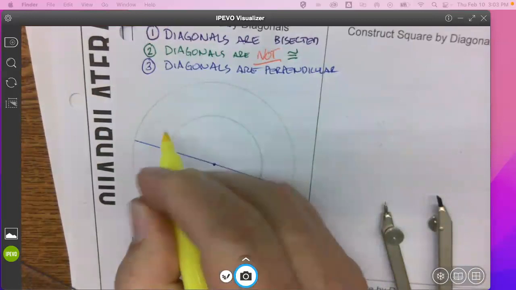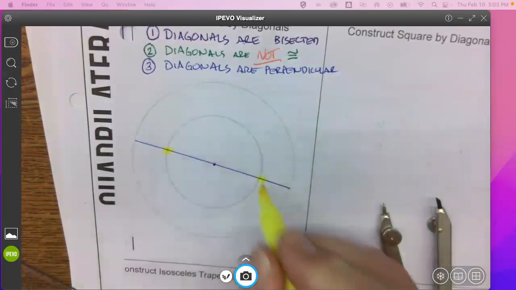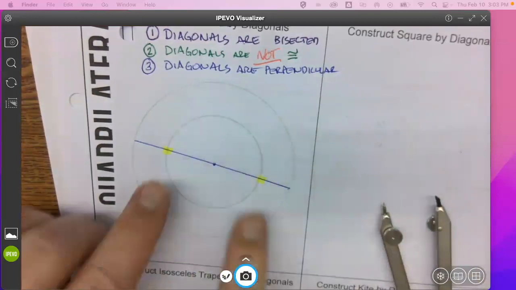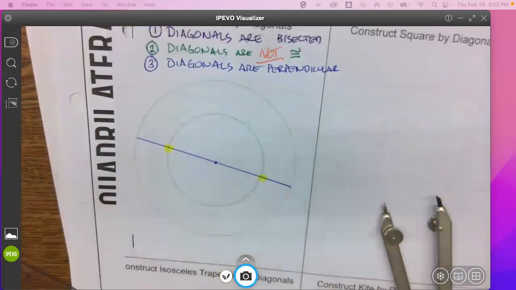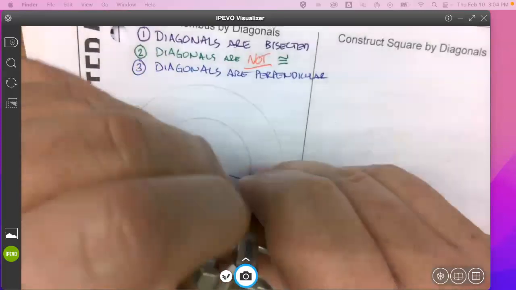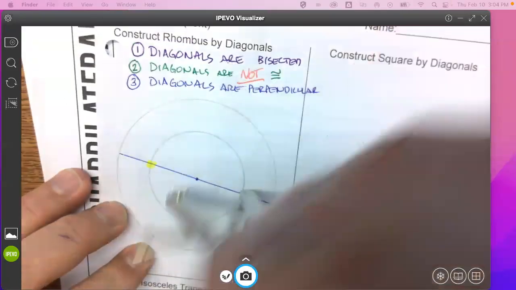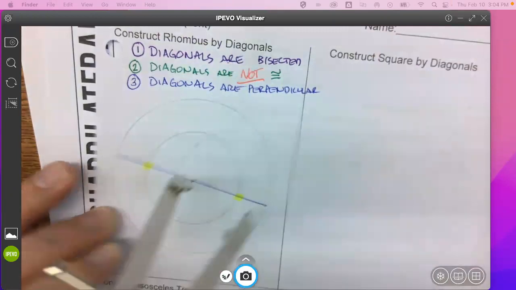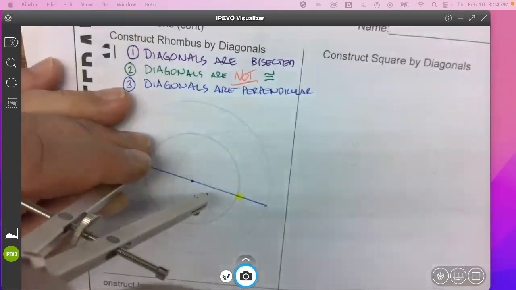Yes. I'm going to pick 2 points that are equidistant from the center. In this case, the endpoints of the small circle. From those, I go more than halfway, so just past the center, and make a football. Same from the other side.